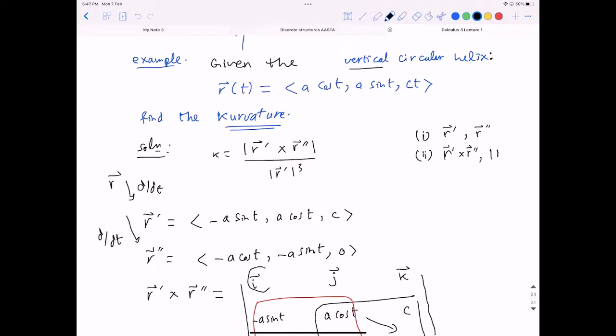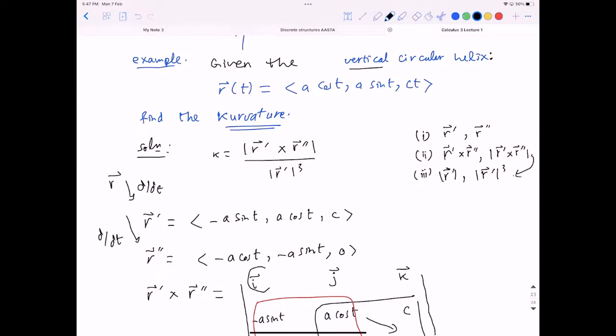Then its magnitude. So we do this and then compute the magnitude. Third part is to compute the magnitude of R prime. We should have already the vector R prime. Find its magnitude and its magnitude cube.